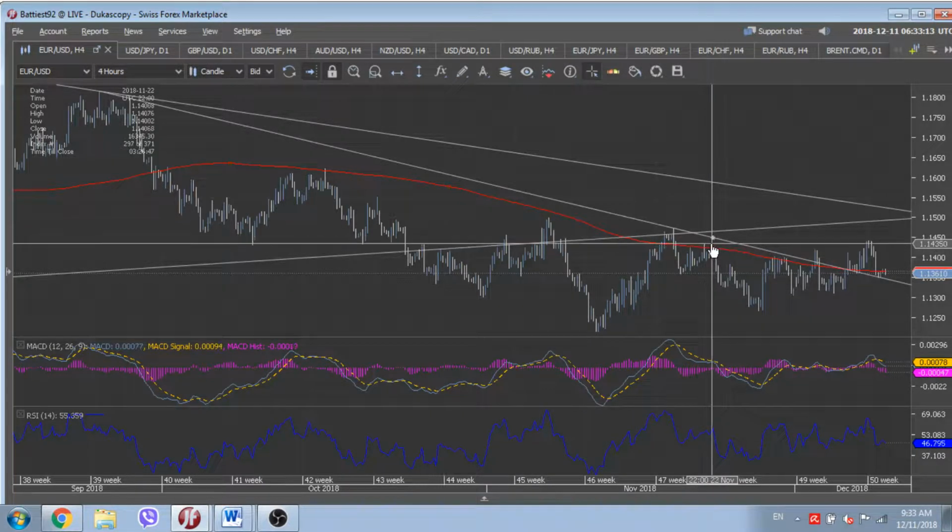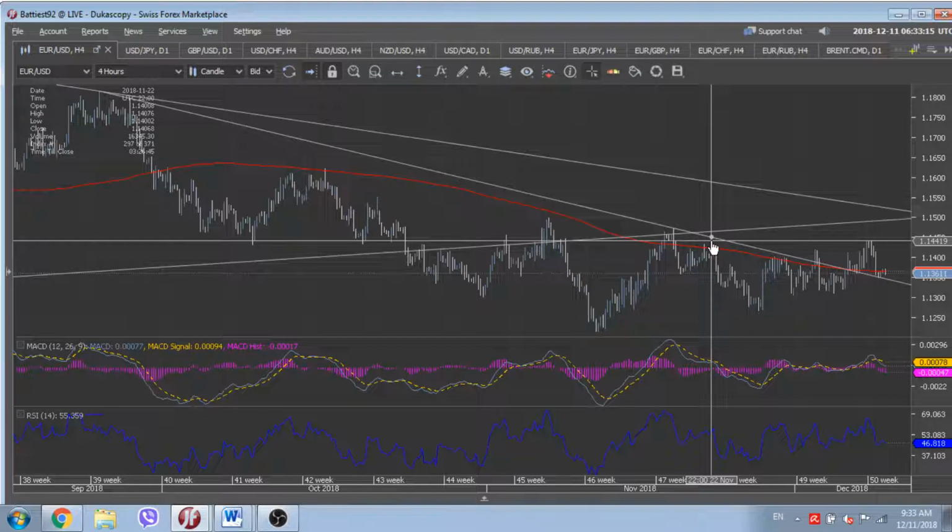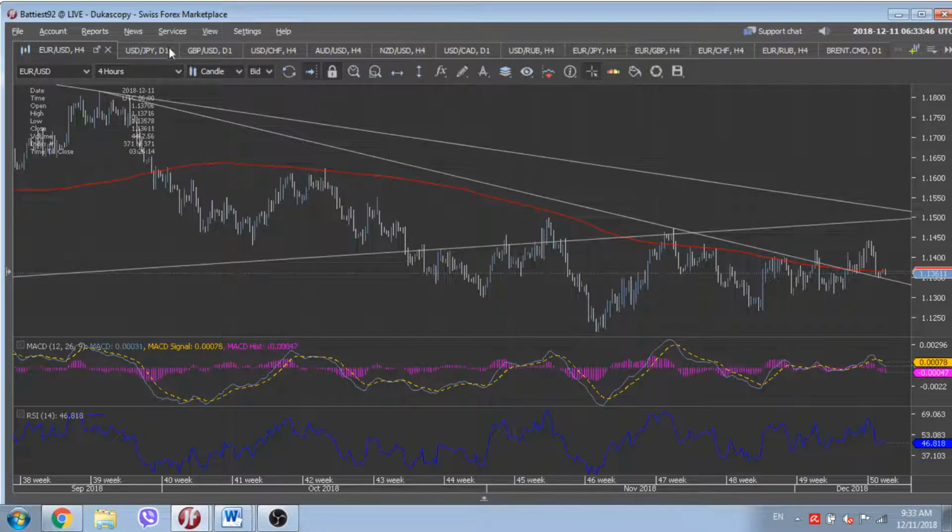And it's a little bit strange that yesterday we were trading around 1.145, now one big figure lower, because taking into account the last negative news coming from the economic front of the United States, it's strange to see such lower levels for the euro currency, but probably it's an impact of the UK currency on the euro currency.